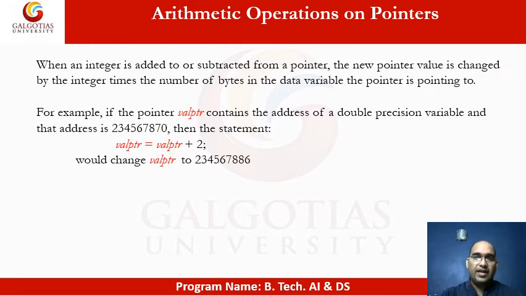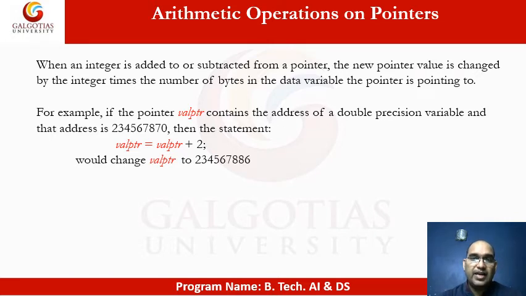Let me explain this again. Whenever you do any increment or decrement on a pointer, the increment is not exactly the value you are adding. The increment depends on what kind of pointer it is. If it is a character pointer, a character takes 1 byte, so it will be incremented by 1.